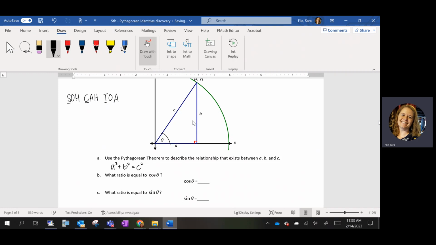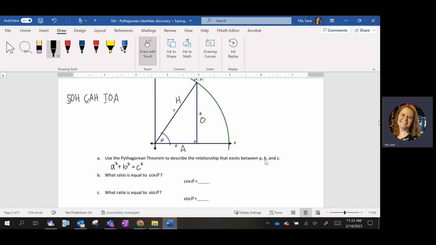If you need to label that in your picture, you can. What is adjacent to theta? What's the adjacent leg? A, right here. Adjacent means next to. What's the opposite leg? Okay, and then the hypotenuse, we said, would be C. That's the radius of the circle. So if you need to label that to help you come up with these ratios, you can.